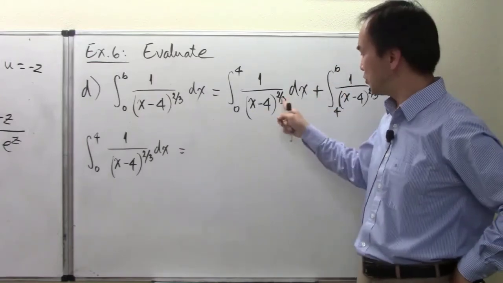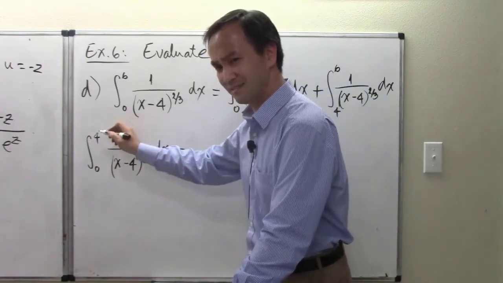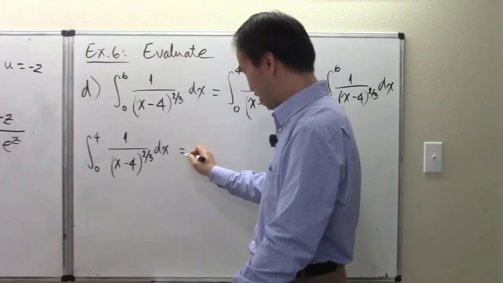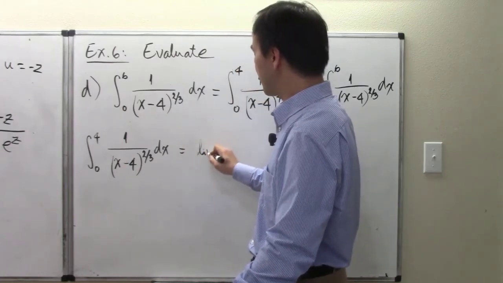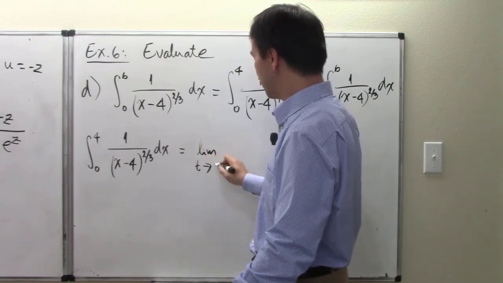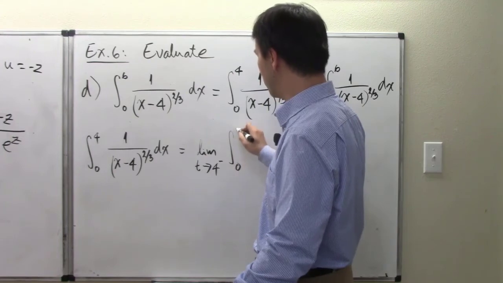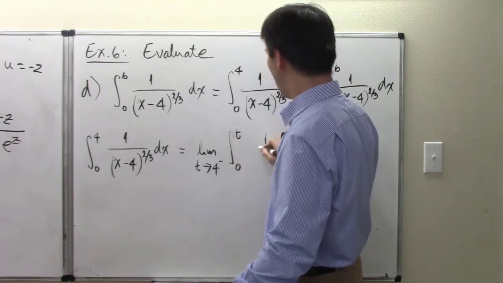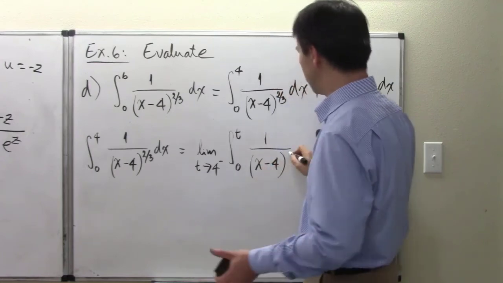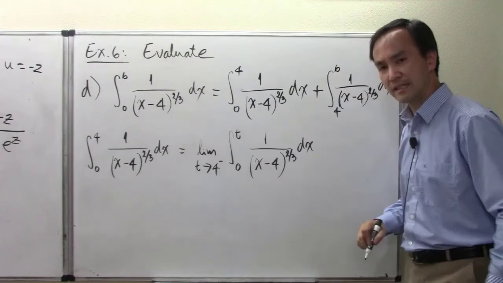And so in that way, we can also legally equate that with the limit as t approaches 4 from the left hand side, of the integral from 0 to t of my function 1 over (x minus 4) to the 2/3 power. All right, and that's how it happens right there.